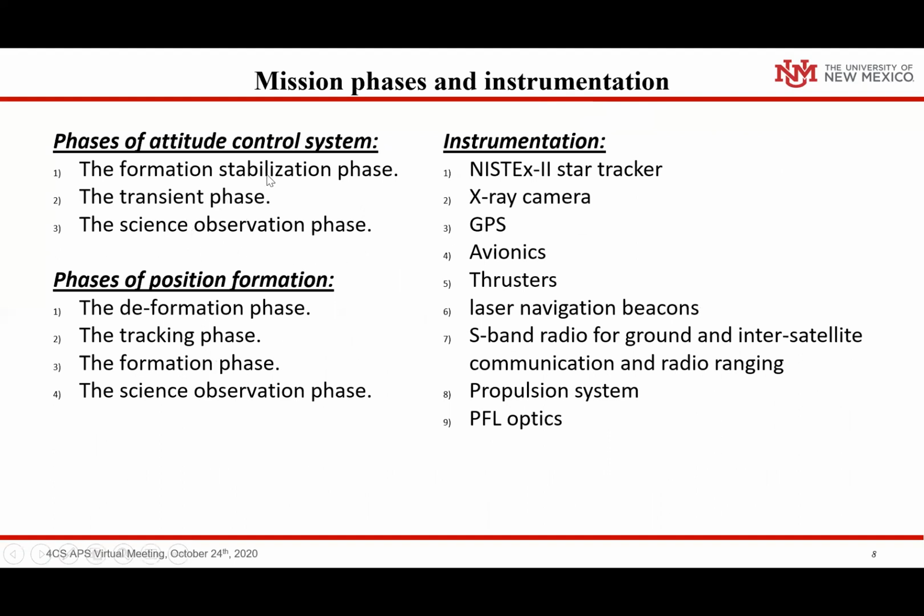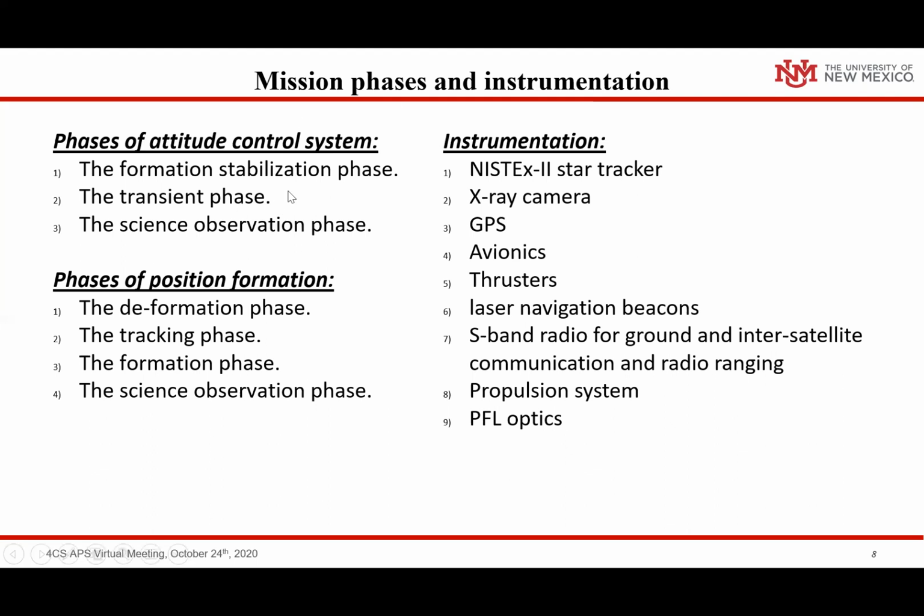The plan for each one of them, the time and everything, depends on the mission. The phases of position formation are the deformation phase, the tracking phase, the formation phase, and the science observation phase. The science observation happens in both, where we observe the objects that are specified for the VTXO.